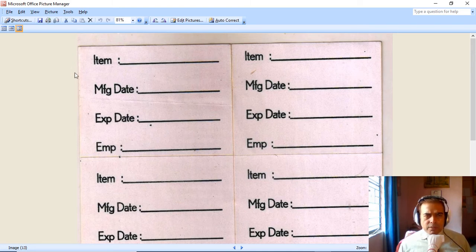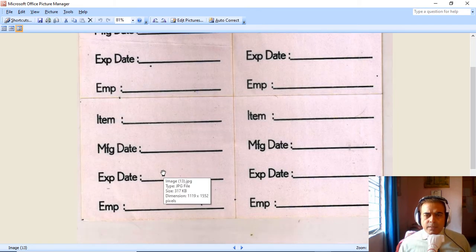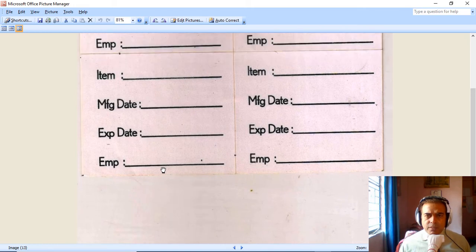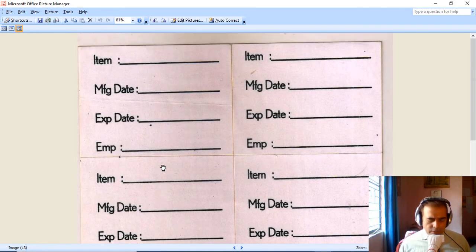So this document here, as you can see, is a big sheet on which we have stickers, and if you notice, there are, I think, 4 stickers here. Like this is 1, then this one here is 2, this one here is 3, and this one here is of course 4.